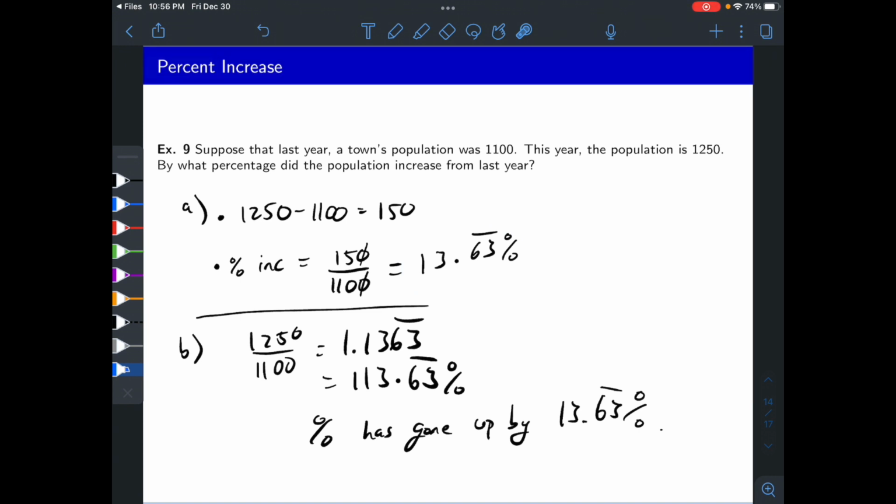So you might expect that if we go up from 1100 to 1250, then go down from 1250 to 1100, those percentages would be the same, but they're not, because you're considering this increase or decrease as a percentage change from either 1100 or 1250. So 150 as a percentage of 1100 is this. 150 as a percentage of 1250 is this, 12%.